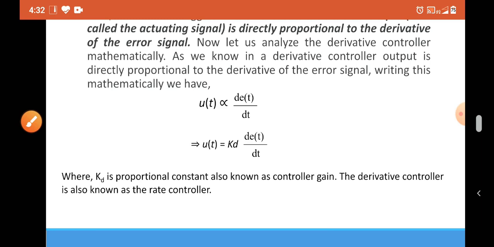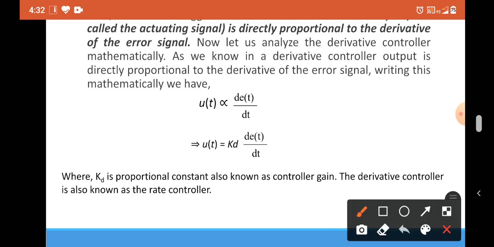If you take a constant here, that is Kd, then you can remove the proportionality sign and replace it by an equality sign. So your equation becomes u(t) equals Kd times de(t)/dt, where de/dt is the derivative of your error signal, u(t) is the output signal, and Kd is your proportionality constant, also known as the controller gain.